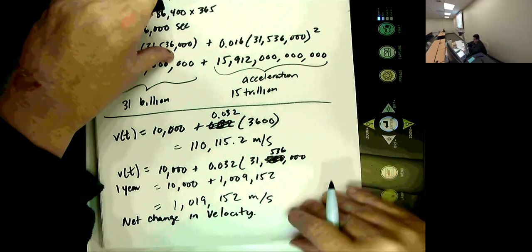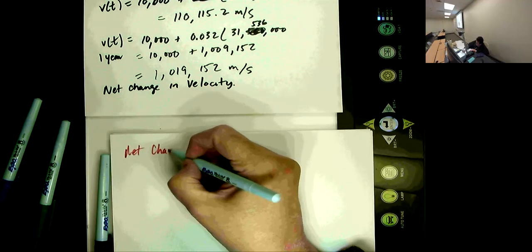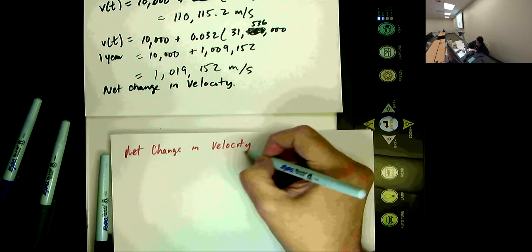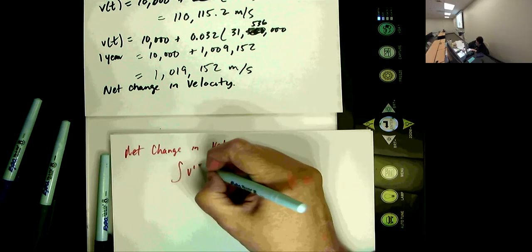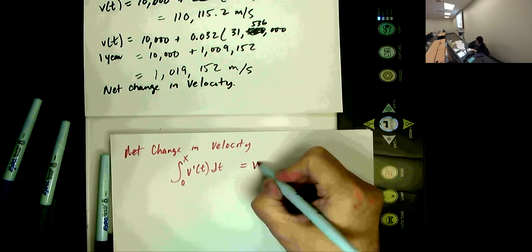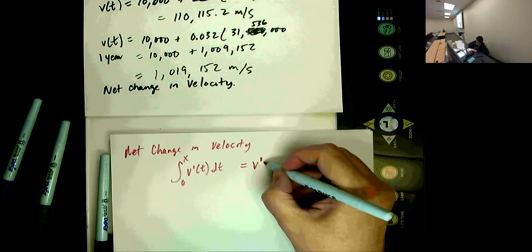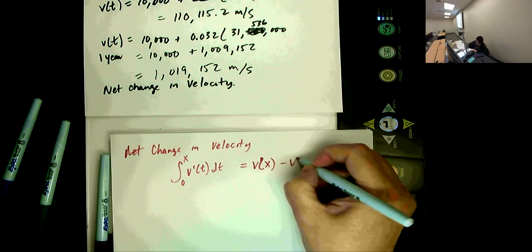Let's look at that. How much is the velocity changing? Net change in something means doing the integral of the derivative. So it'd be the integral of v prime of t from 0 to x dt, which is v of x minus v of 0.